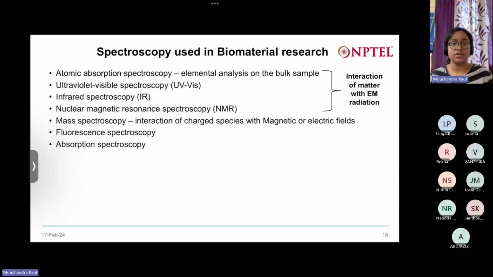as biomaterial researchers. The techniques which use EM radiation, electromagnetic radiation, whether in the UV region, visible region or IR region. These four techniques are those spectroscopy techniques which use EM radiation. First is atomic absorption spectroscopy.